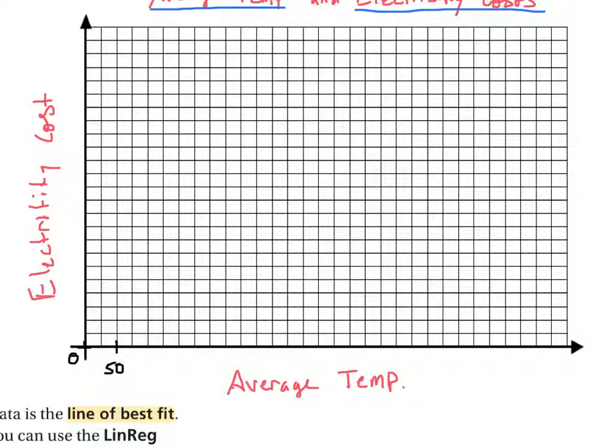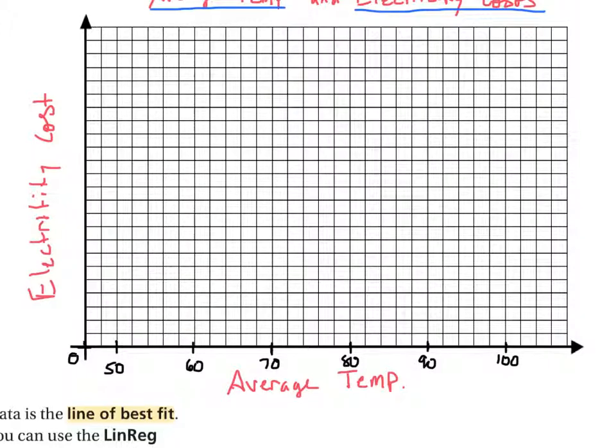If I start counting here, I've got 2, 4, 6, 8, this is going to be 60. And I can keep going across. Now I have my x-axis scale done.